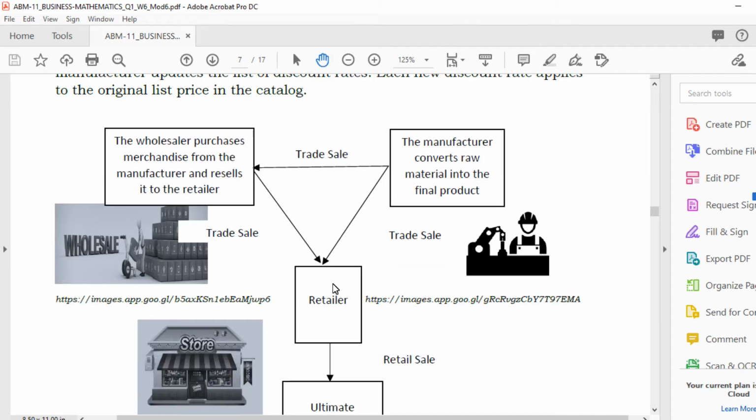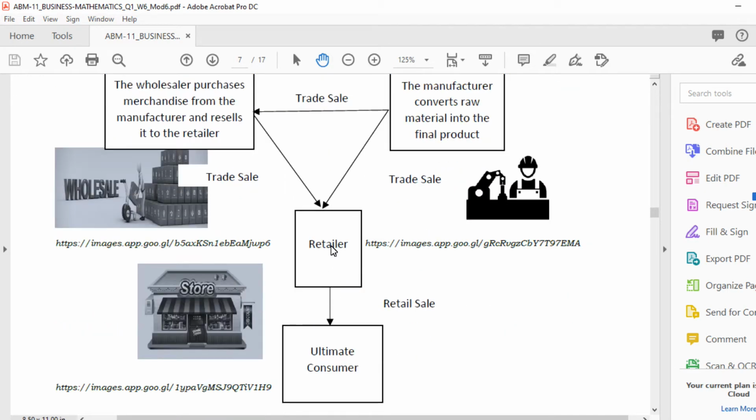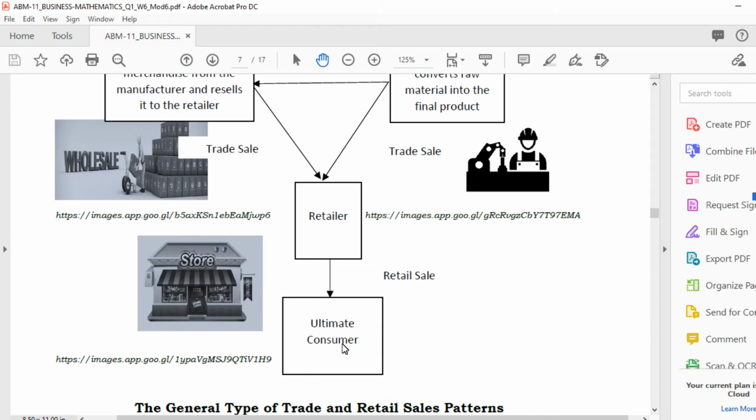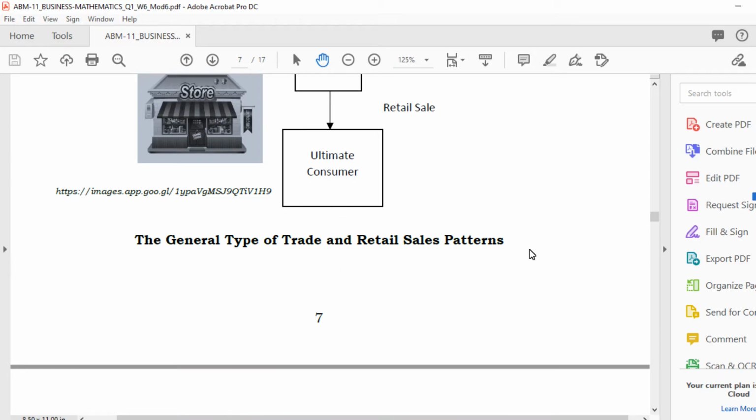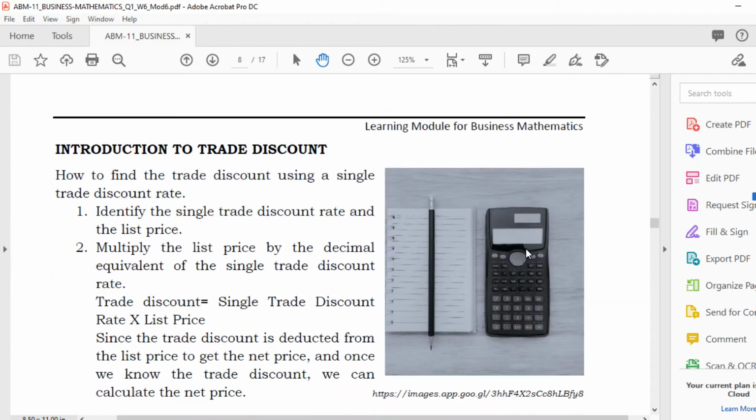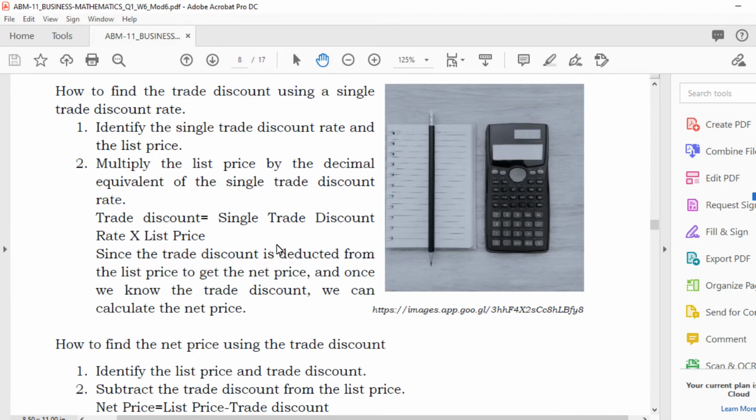And then yung retailer, pwede rin na ang endpoint niyan ay yung mga ultimate customer. Tayo yun. Ito yung mga nagko-consume. Tayo ang bumibili. So, that is the general type of trade and retail sales patterns. And then, how to compute the trade discount. Sabi ko nga kanina, single transaction lang siya. So, trade discount is equal to single trade discount times the list price. Okay.